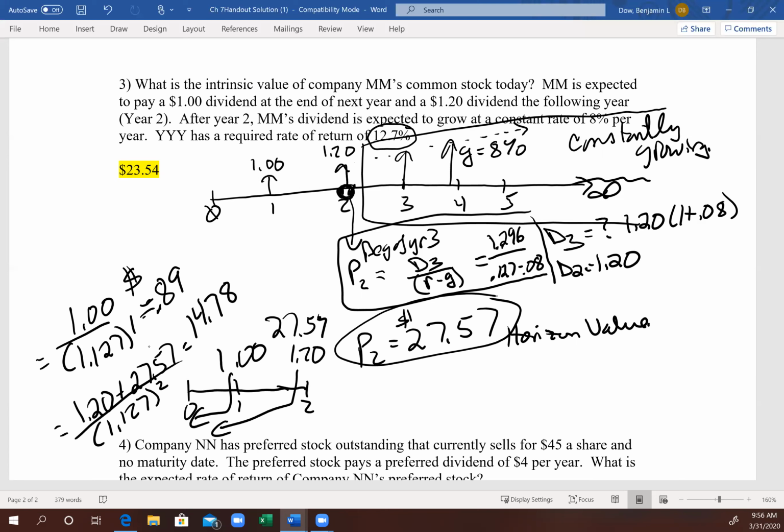Oops, that doesn't look right. 27.57 plus $1.20. It's 28.77. This is 22.65 plus the 89 cents. Should give you an intrinsic value of 23.54.